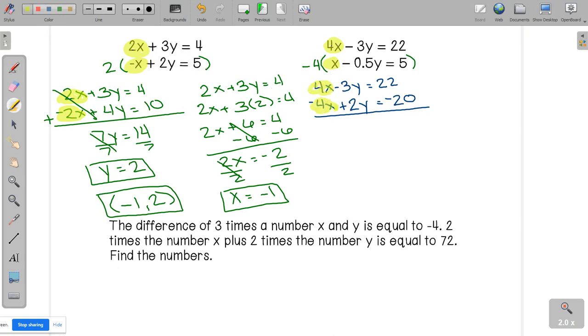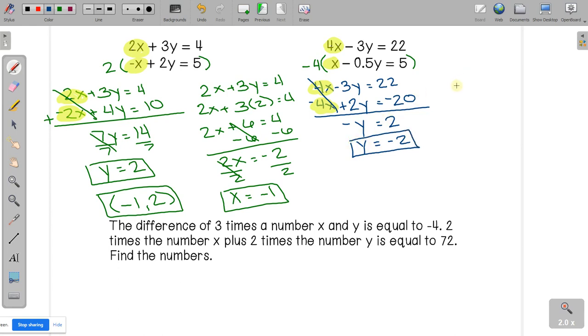Our x's now cancel. Negative 3y plus 2y is negative 1y, or negative y. And then 22 minus 20 is 2. Now we need to get y positive, so all we're going to do is change the sign. So y equals negative 2.